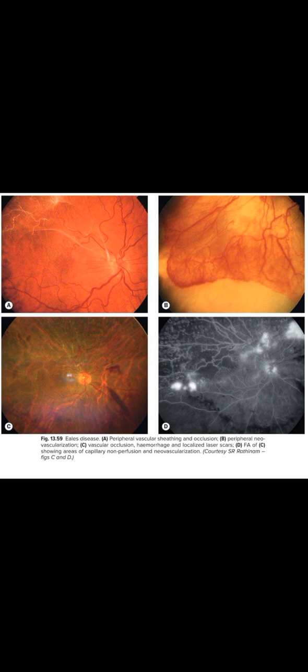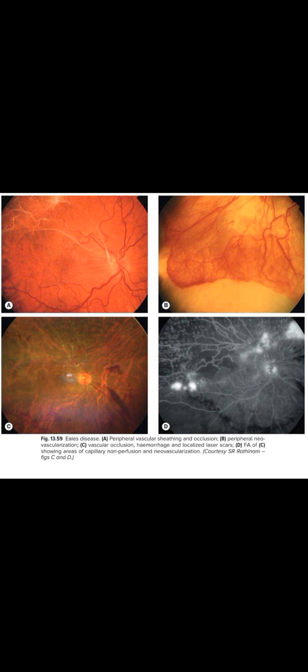You can see these stages in these pictures. Picture A is showing the occlusive stage and vascular sheathing. Vascular sheathing is showing inflammatory signs, and there is the occlusive stage, and the third one is the neovascular stage.